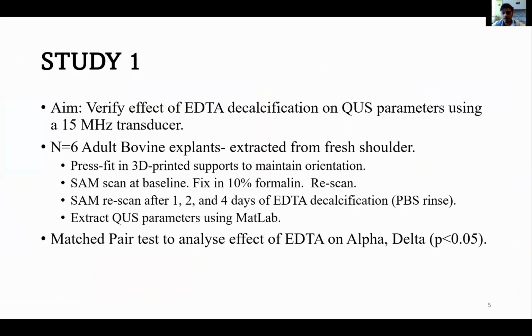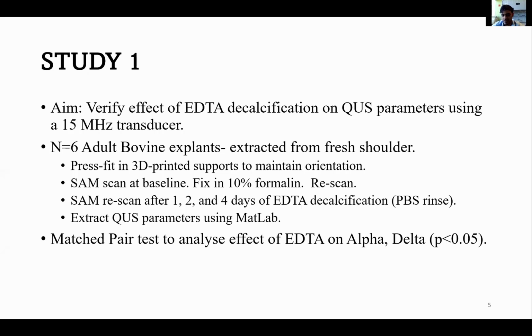So coming on to study one, the very first study we did was to verify the effect of EDTA on these parameters using a 15 megahertz transducer. We cored 6 bovine explants and press fitted them into 3D supports. We scanned them at baseline, fixed them in 10% NBF, and then rescanned them.